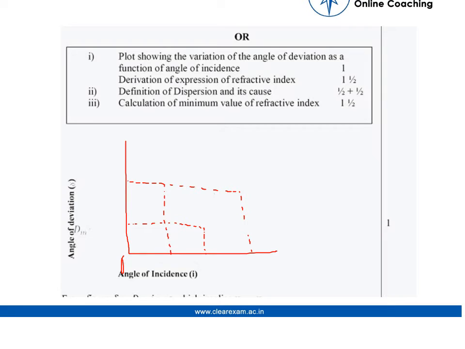Now this is the angle of incidence i1, i2, angle of deviation delta and delta m. So the variation can be shown as follows.